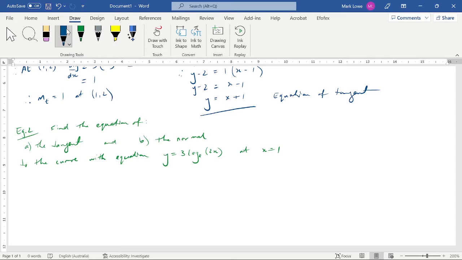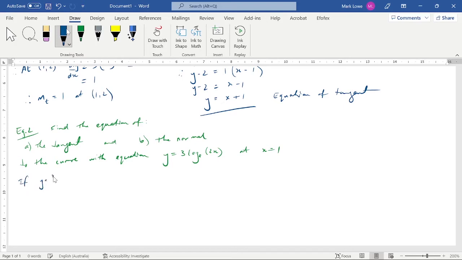Okay, so same sort of idea here, except we're wanting to find the tangent and the normal. Different curve, so it's a log graph. So the first step is to find the derivative.